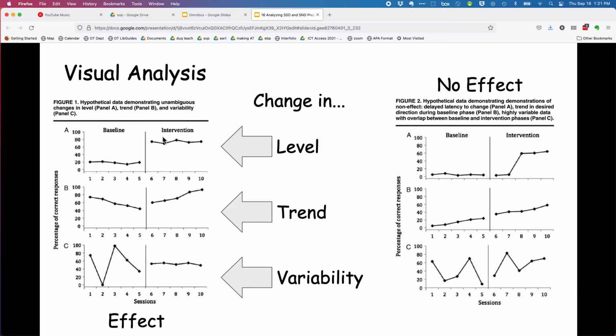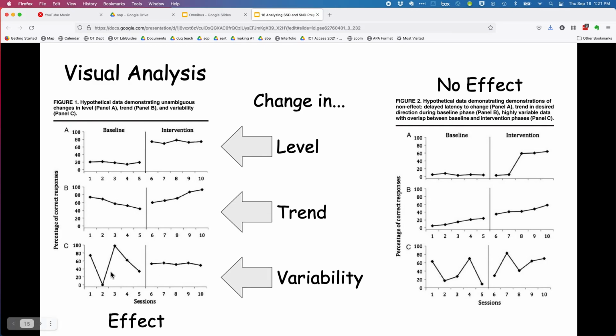If you're working with a client and you want to get them from this baseline level to above 60, then getting them up here near 80 is important and significant. If you're trying to get them to 500, then getting them from 20 to 80 isn't at all clinically significant. Same thing with trend and with variability.